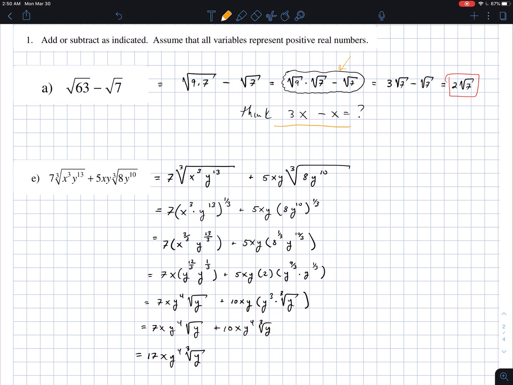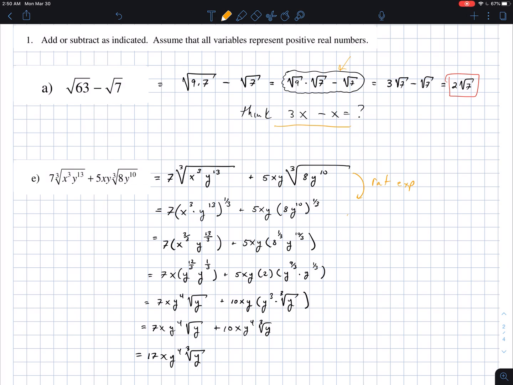Then I decided to change them into rational exponents, right? The reason why is because it's much better sometimes than the radicals to work with, because they remind you of what you have to take out, and sometimes the fractions are a little easier to work with.